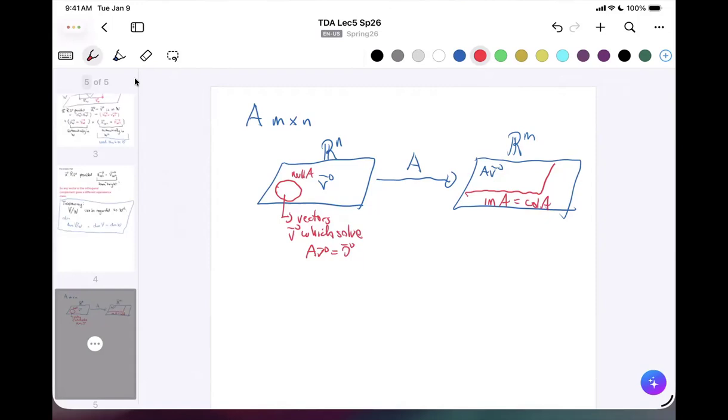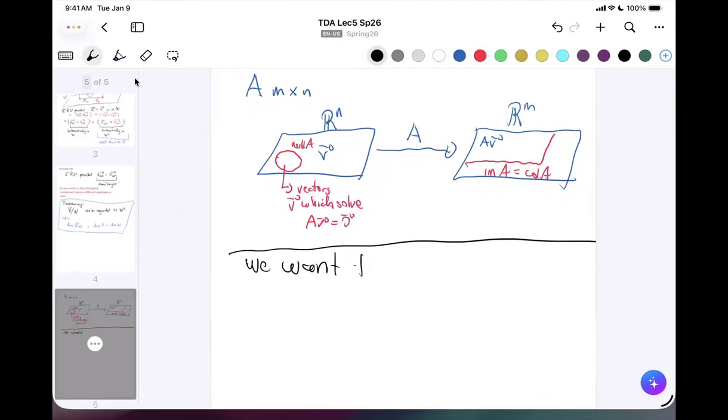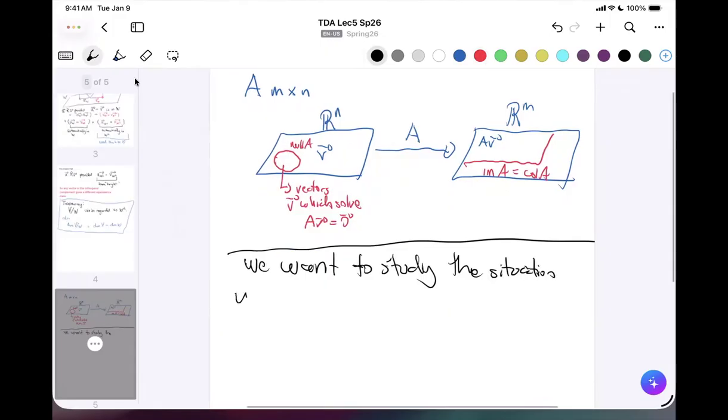Okay, so we're going to have two matrices. So for our purposes, we want to study two matrices.